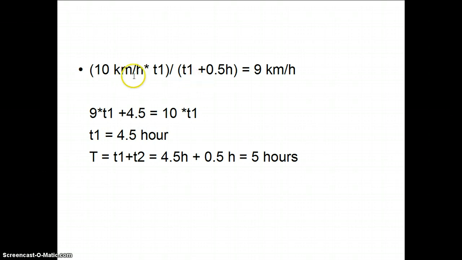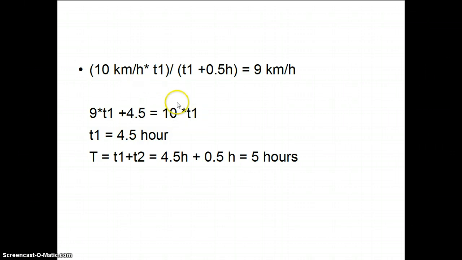I'm going to drop the kilometers an hour just to make it a little neater. I bring the denominator over to this side, multiplying both sides by T1 plus half an hour. So I get 9 times T1 plus 4.5, and with that I still have the 10 T1 from the numerator.